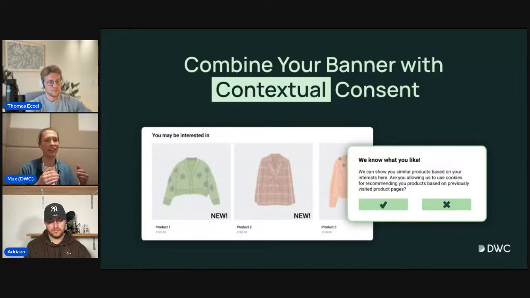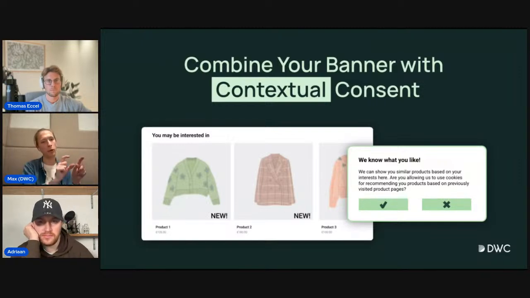But what we did is, when no consent was given in the first initial banner, we added a little overlay, a little info box next to the product recommendations saying, we could provide you better recommendations here if you are likely to share a little bit of your behavioral information with us.